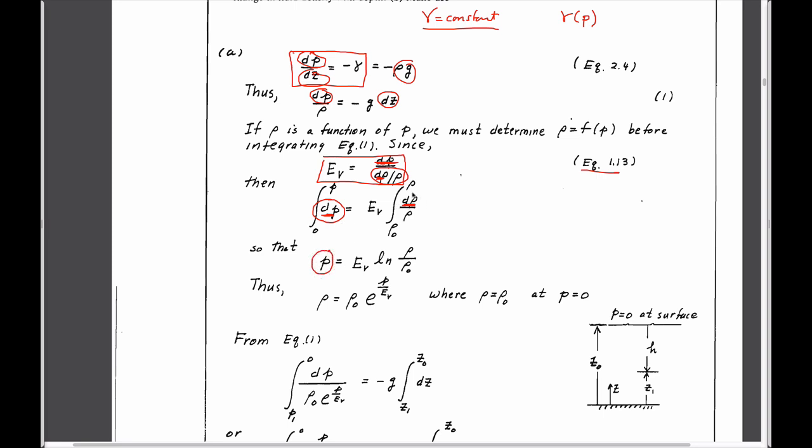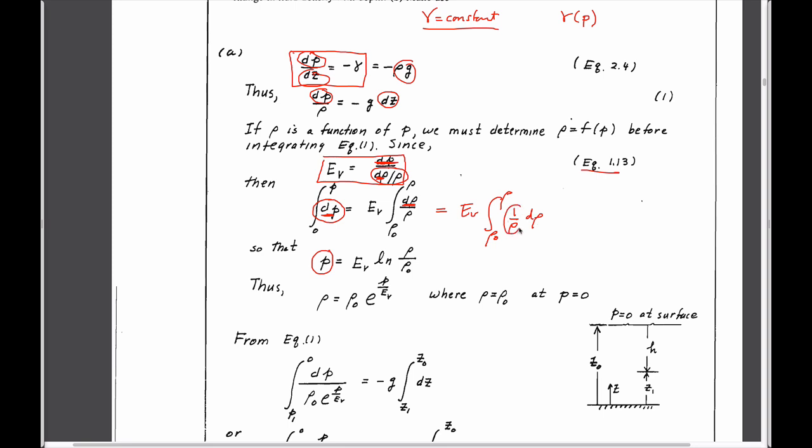The integration of change in density over density is given by the log of, so 1 over density, the integral, so this is the same as the integral from density 0 to density 1 over density, change in density.